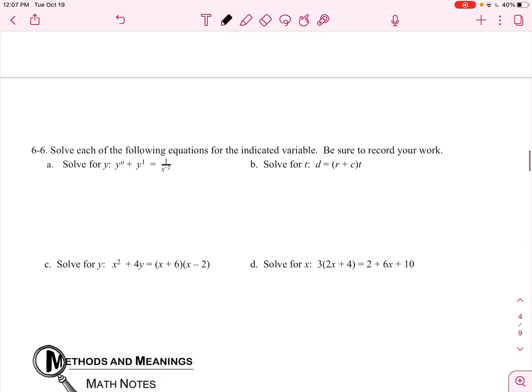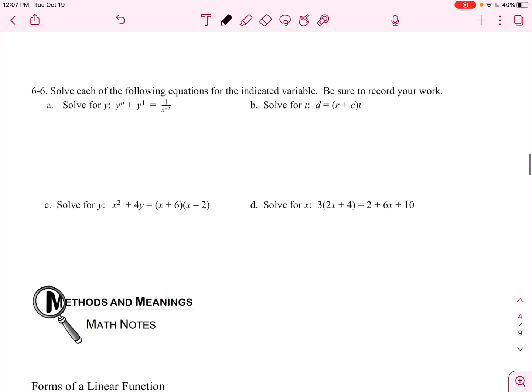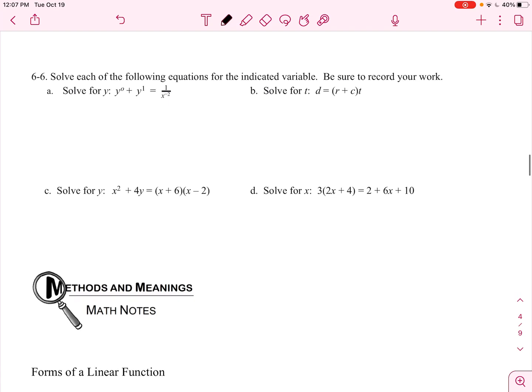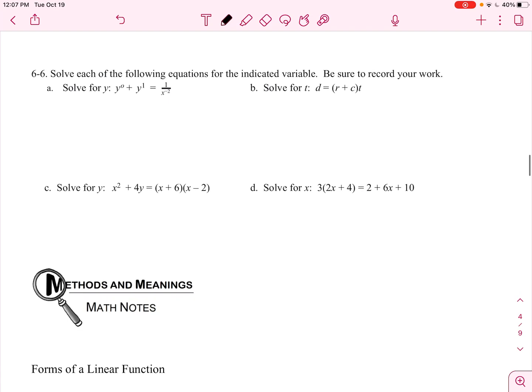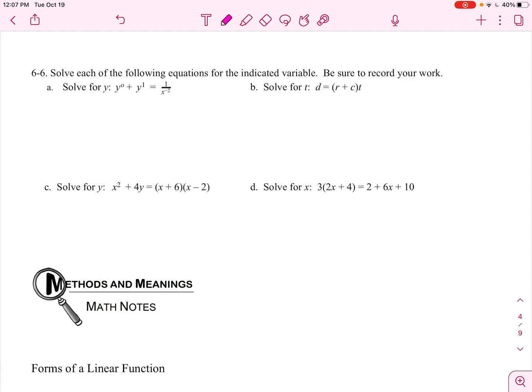All right, and then I want you to try and solve. Let me do 2 of these. And then again in pink, I'm going to highlight what I want you to do.